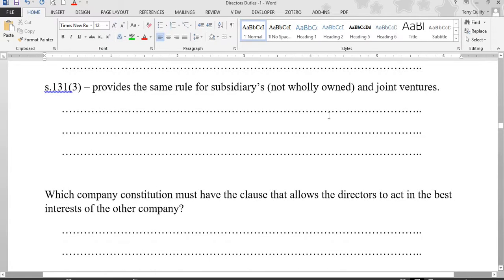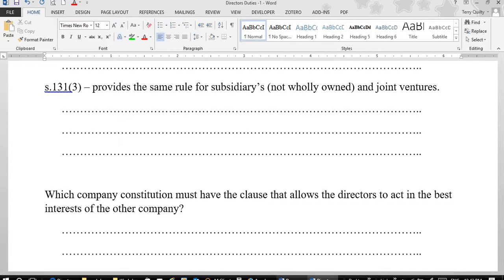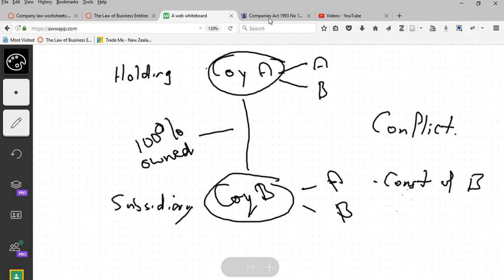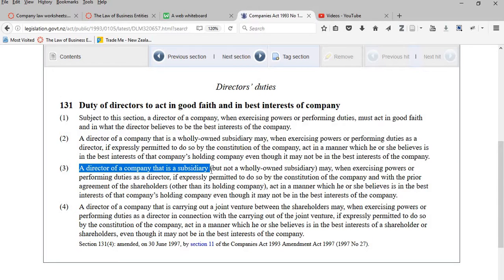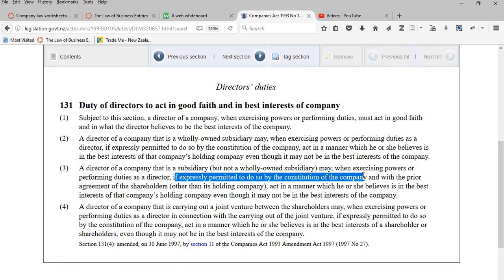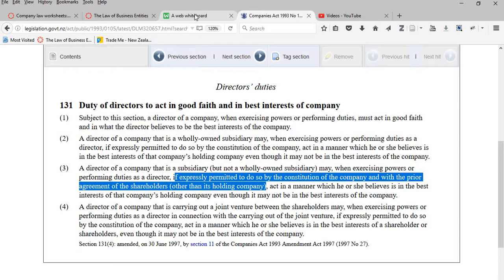Now, in addition to wholly owned subsidiaries, you'll notice if we go further through that section that we have a very similar rule for a subsidiary which is not wholly owned. So it still has to be a subsidiary, and if expressly permitted by the constitution and with the prior agreement of the shareholders other than its holding company, act in a manner which is in the best interests of that other company.